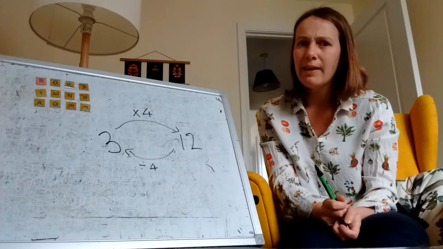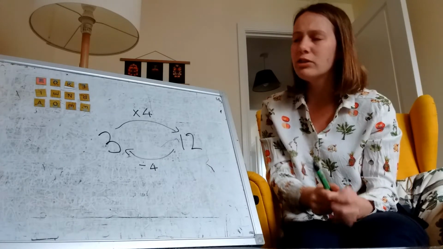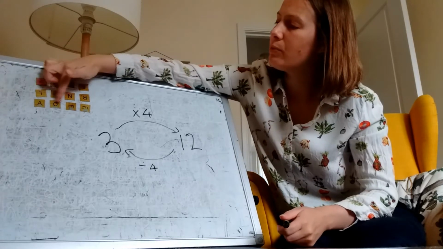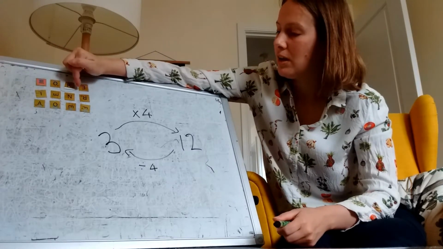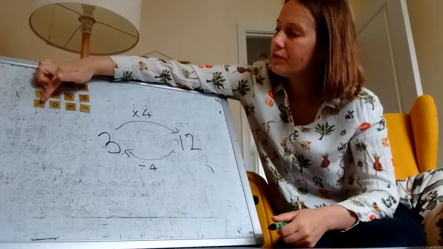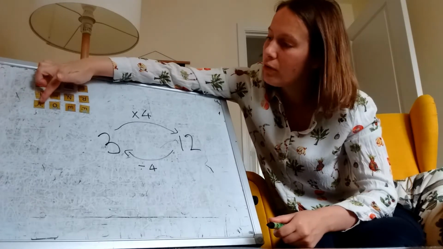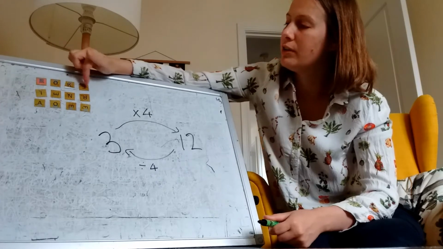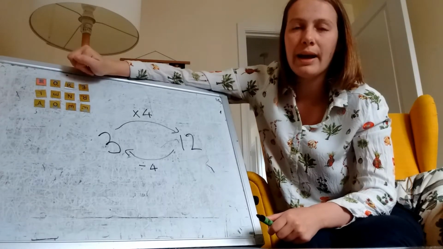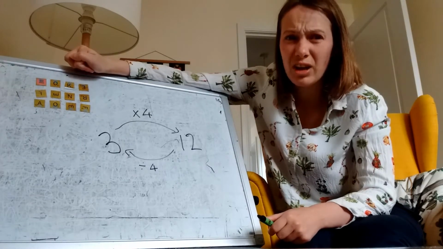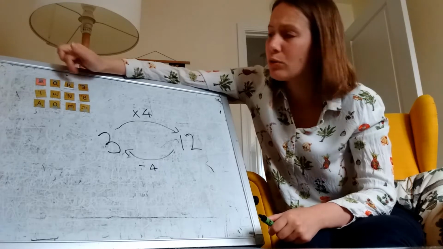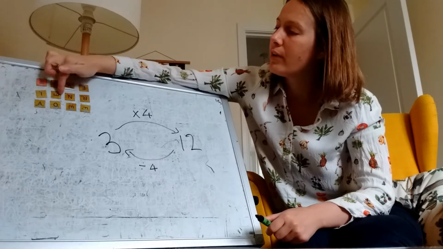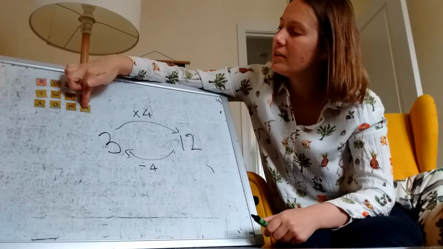Now really, I'm just telling you what I already know, because if we've got a rectangle here, and it has 3 rows, 1, 2, 3, and 4 columns, 1, 2, 3, 4, the sum to work it out is 3 times 4. That's going to give us 12. 1, 2, 3, 4, 5, 6, 7, 8, 9, 10, 11, 12.